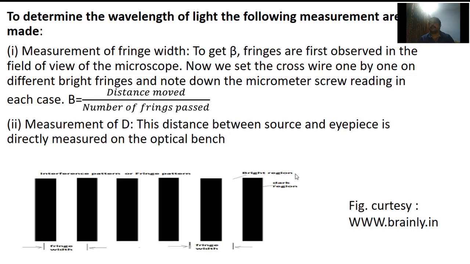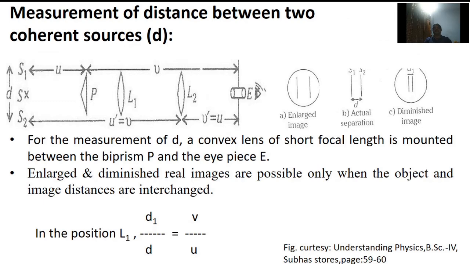The mean width of a definite number of fringes is calculated, from which the fringe width beta is determined and is given by beta is equal to the distance moved by the number of fringes passed. Next, the measurement of D. The distance between the source and eyepiece is directly measured on the optical bench.